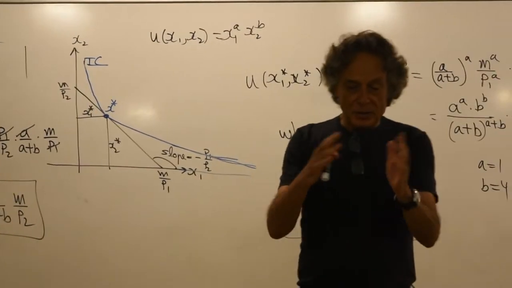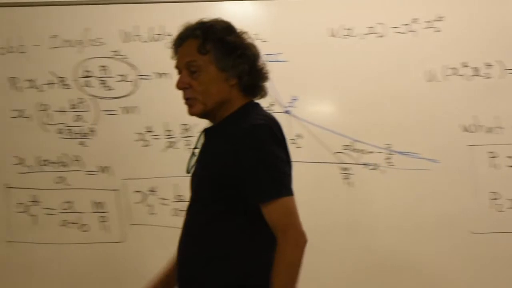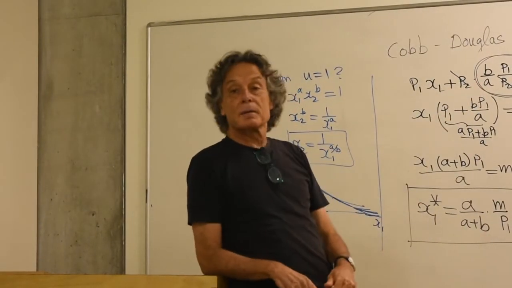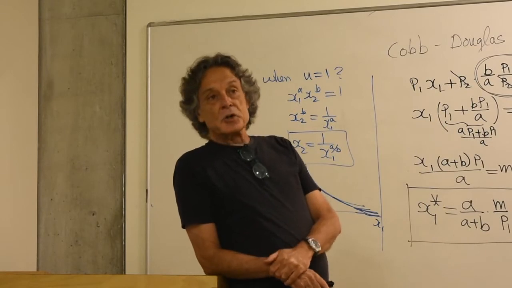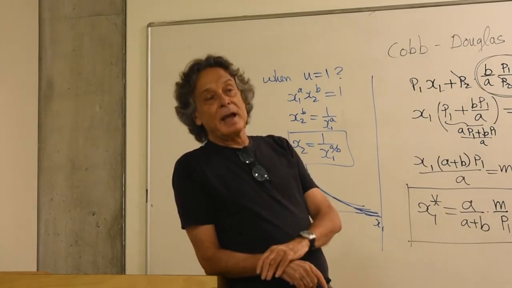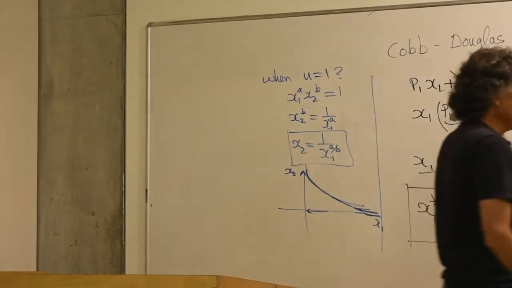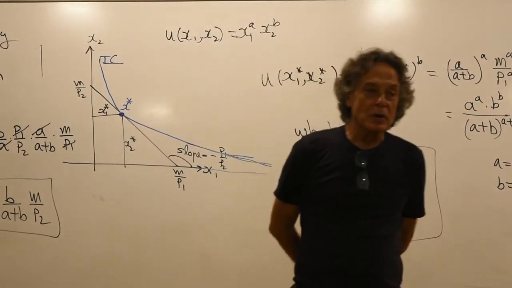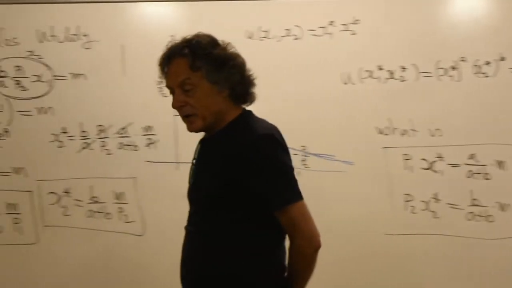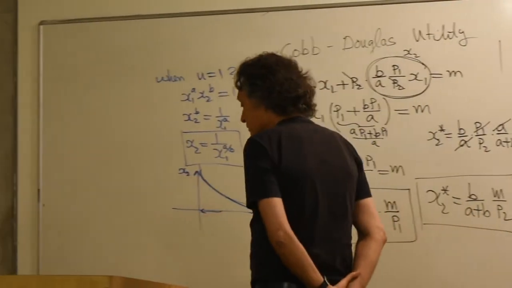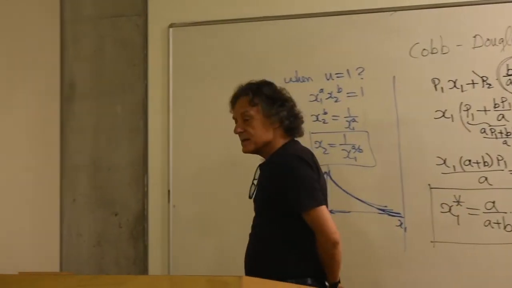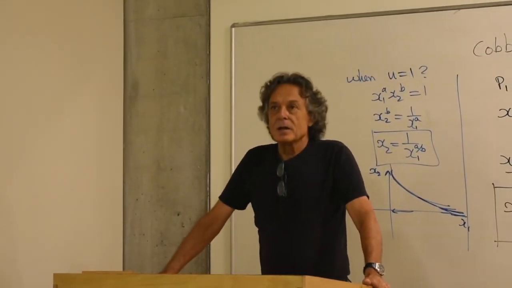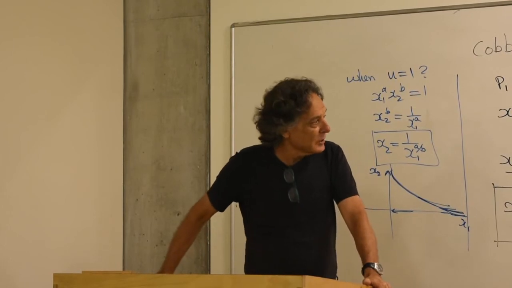So you separate your income proportionally between the 2 goods. That's what the Cobb-Douglas says. What the proportion is depends on A and B. So if they are the same, A equals B, then this is always going to be half. So you split your income half-half for the 2 goods. So this is the optimal bundle of the Cobb-Douglas utility function.